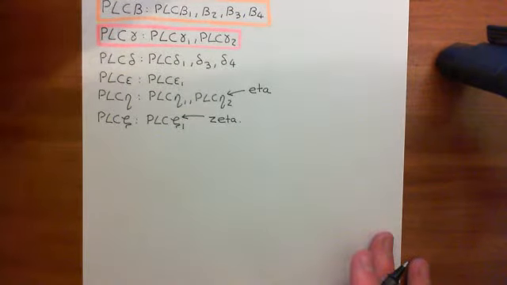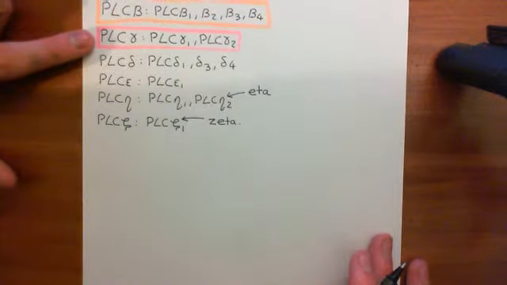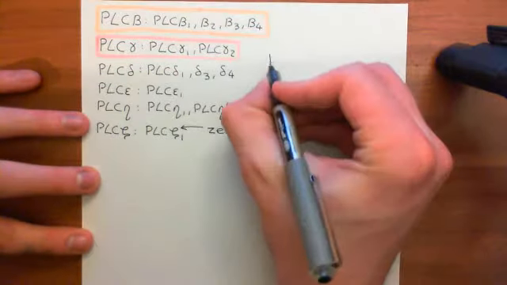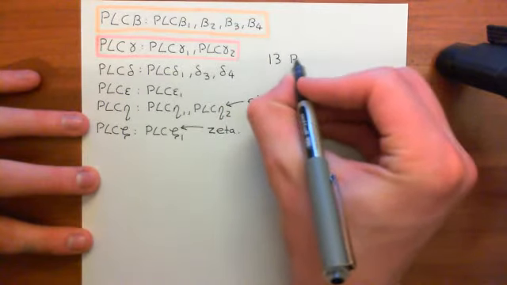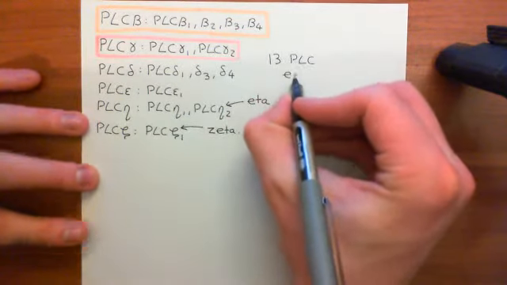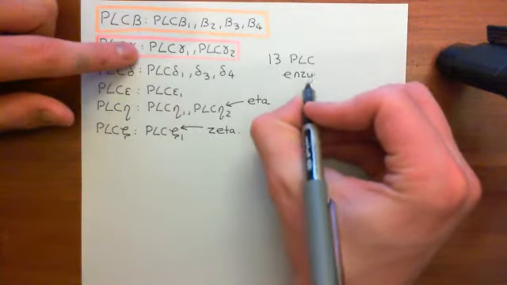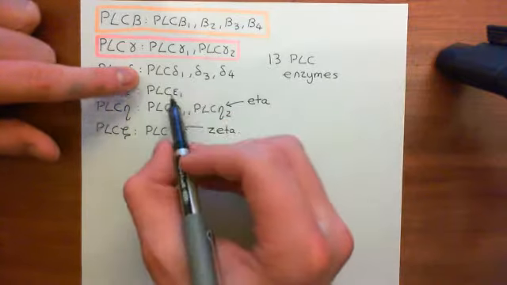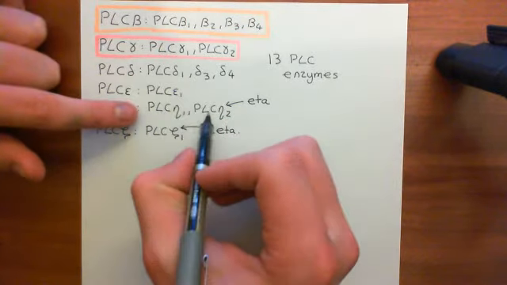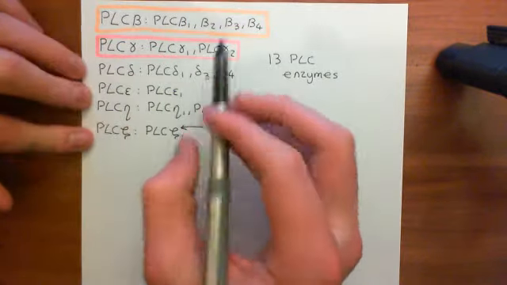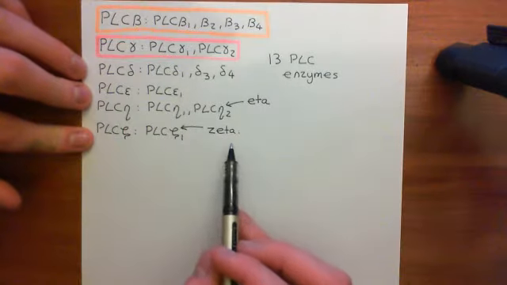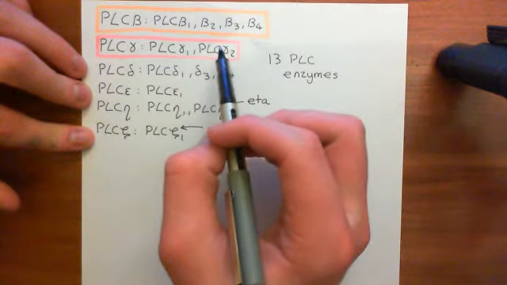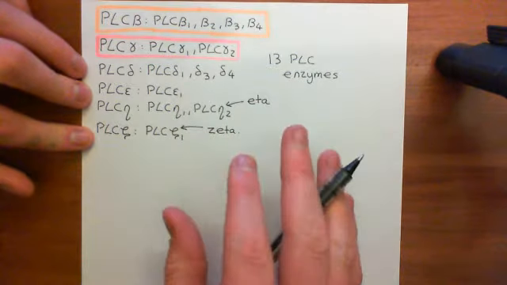We're going to focus on the phospholipase C gamma family, which contains these 2 members. But overall, there are 13 phospholipase C enzymes shown here: 4 in this family, 2 in this family takes us up to 6, 3 in this family takes us up to 9, 1 here, 10, 11, 12, and then 13. Now, these are all separate genes. Each of these genes in some cases has multiple splice variants, so that adds to the complexity.